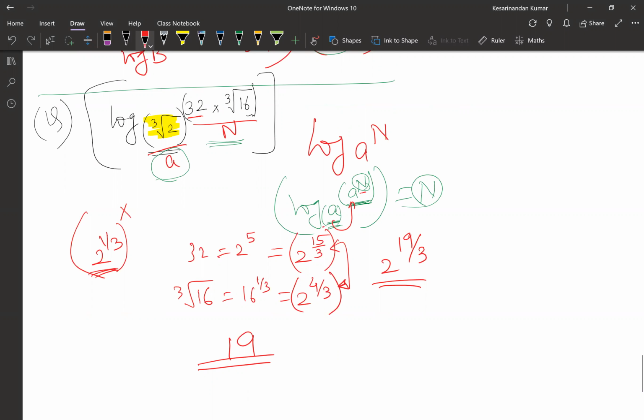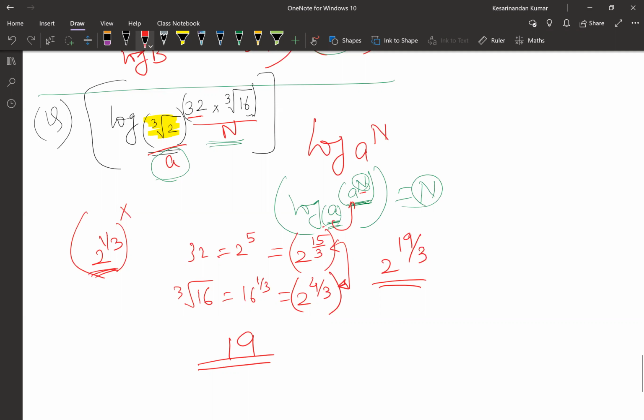Okay, Sri, I heard one different approach. I don't know if it's correct or not. What I took was log of 2 root 3, root 2, the base value. Yes, okay. So I took it as 2 power 1 by 3, and I took that 1 by 3 outside. Yes, you can. And initially I divided 32 and 16.